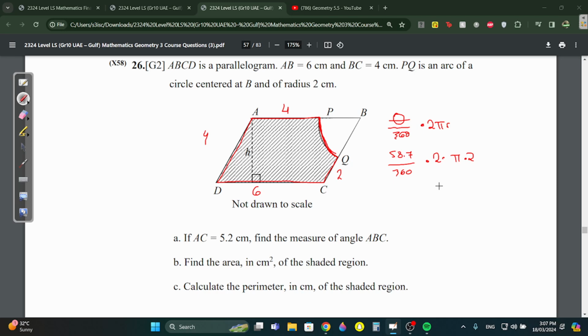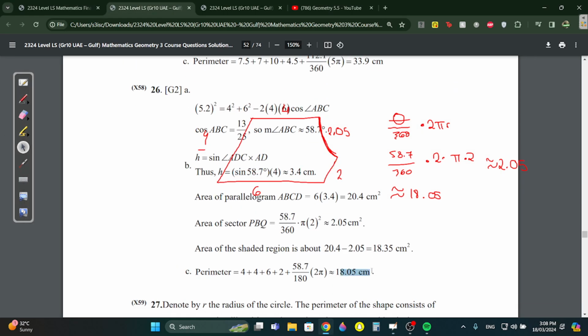You should get again 2.05. So this over here is 2.05. To find the perimeter, now we just add them all up. So this plus 4 plus 4 plus 6 plus 2, and you get 18.05. Let me see, is that correct? Yes.